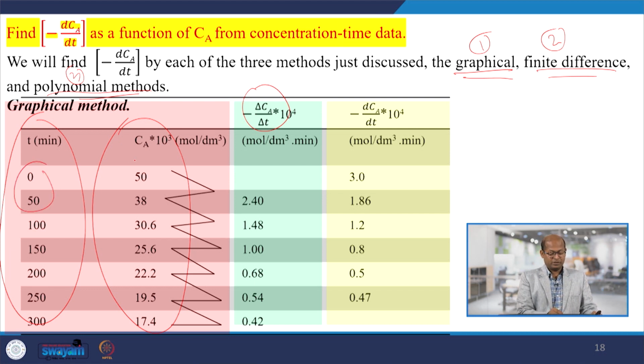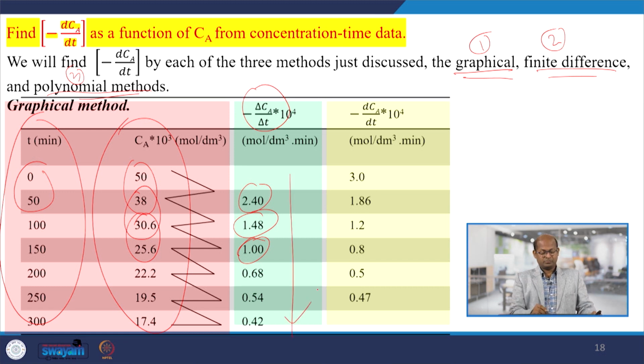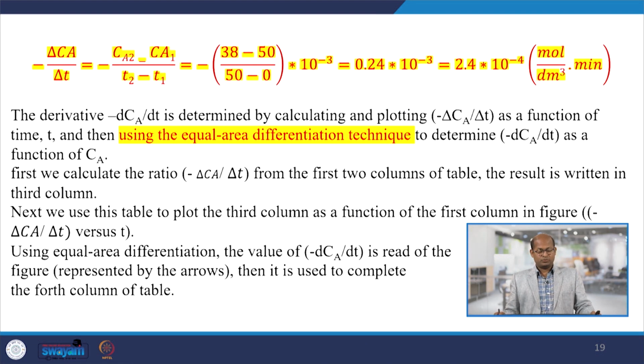From these 2 data points we can get this, and like this we can fill up this column. Now we have to plot this against time, and from there by graphical methods we can get minus dCA/dt. One data point, minus delta C by delta T, equals 2.4.